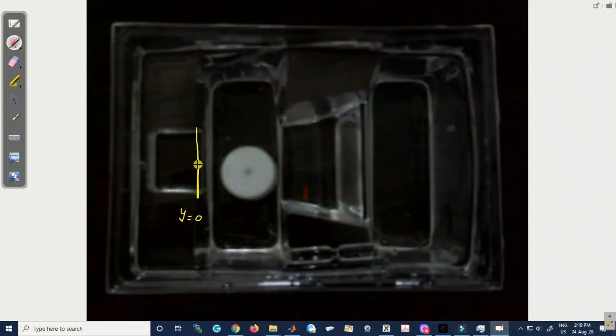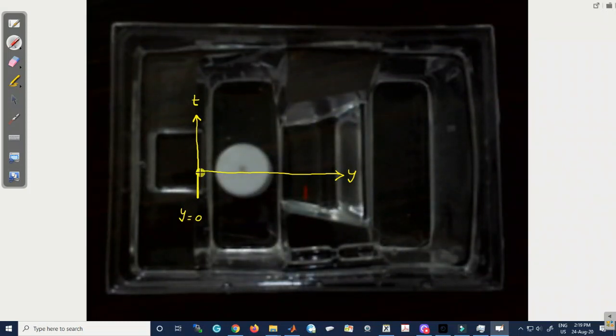So this is the y direction, and if I plot time vertically, then just before the push the float was here, just after the push the float was still here, and then it gained some speed and it started to move with time, and finally it reached this position.